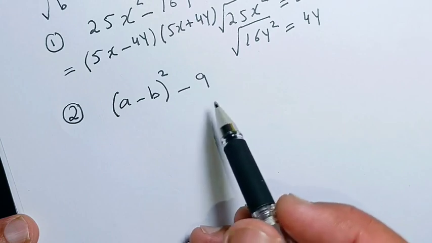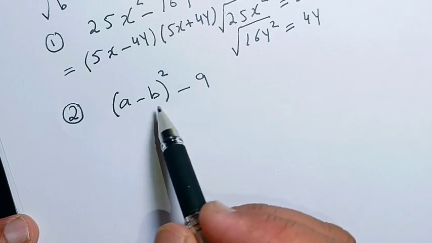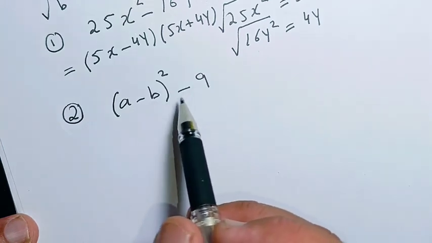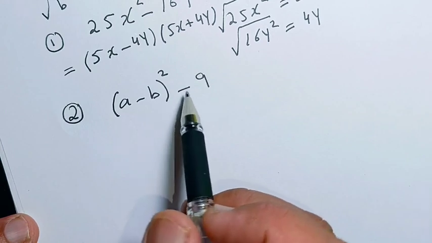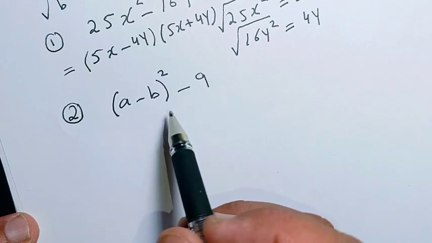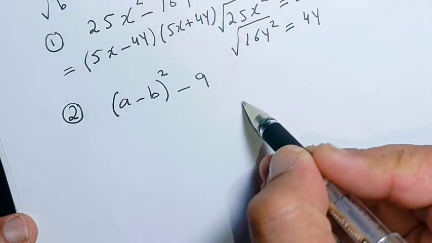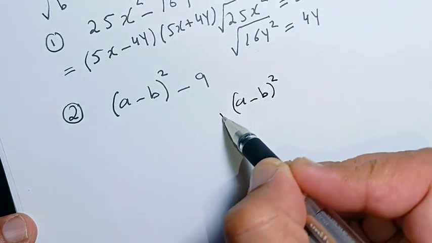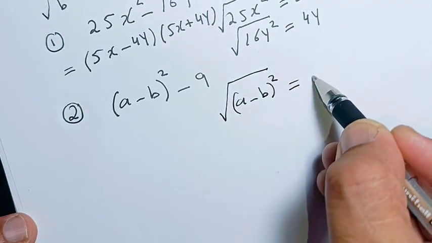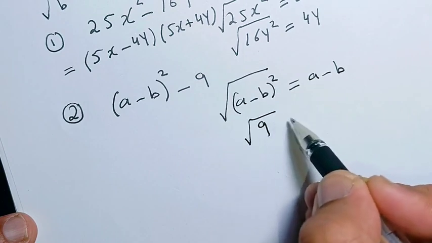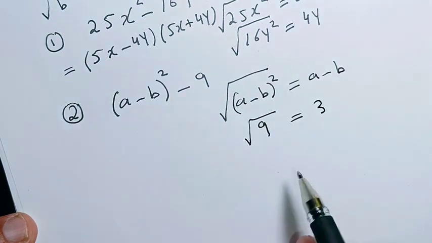When you see two terms that are perfect squares with a minus sign in the middle, you apply DOTS. The square root of a negative b squared is a negative b, and the square root of 9 is 3.